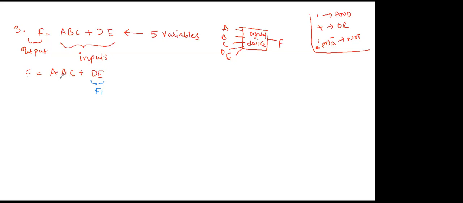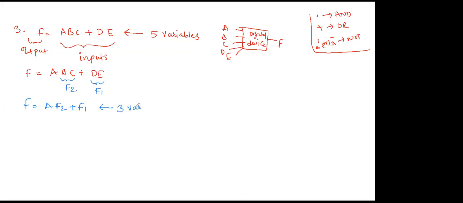Any two variables, A, B or BC or AC, whatever it may be, that is your choice, is F2. You should not take three variables as a group. Take only two variables as a group. Then you will get F is equal to A into F2 plus F1. So 5 variables reduced into 3 variables.